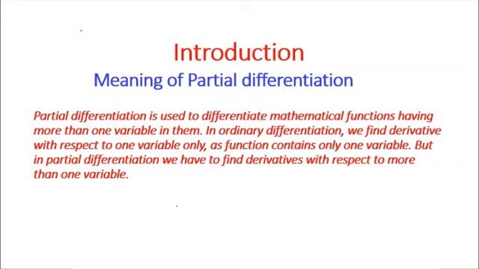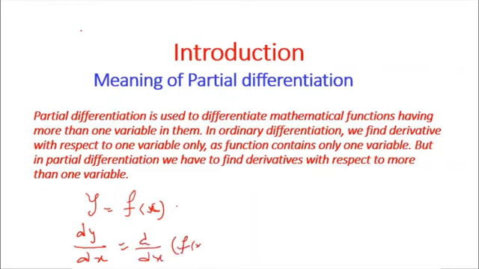When we recollect ordinary differentiation, when you have a function y = f(x), that is, y is a function of x, then we differentiate y with respect to x, that is, we have dy/dx, that is d/dx of f(x).